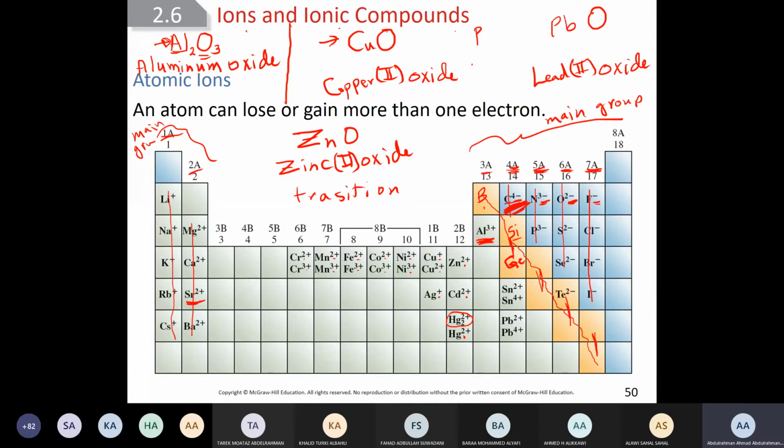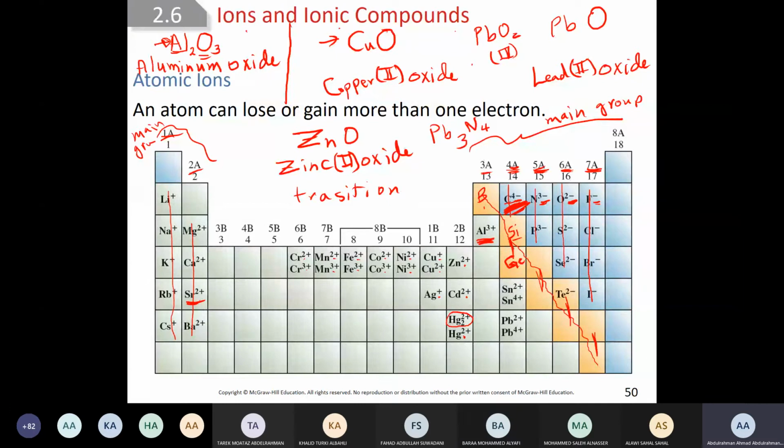How about this one? Lead 4 oxide. You have to write 4 this way, oxide. Is this clear? Okay. If I want to put lead 4 with nitrogen, what should I put below them? 3 here and 4 here, exactly.